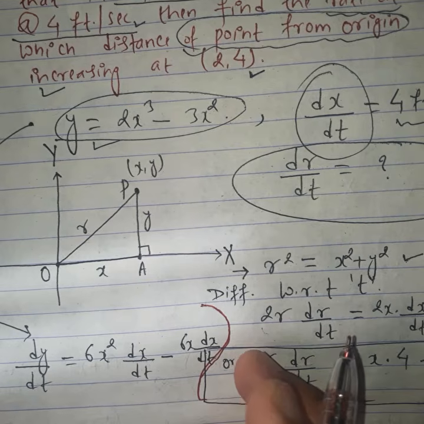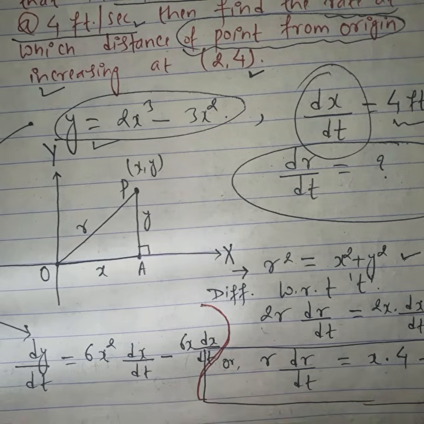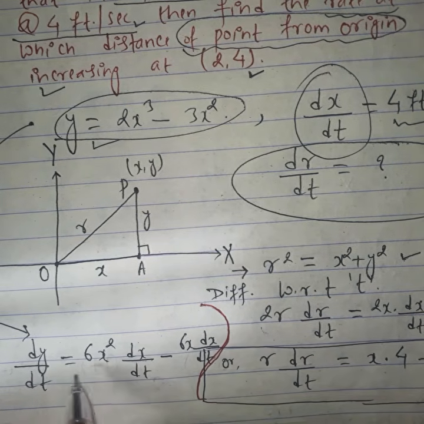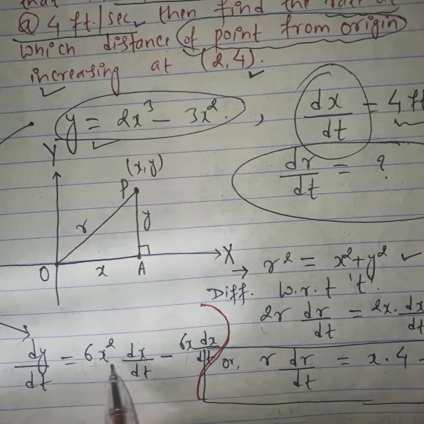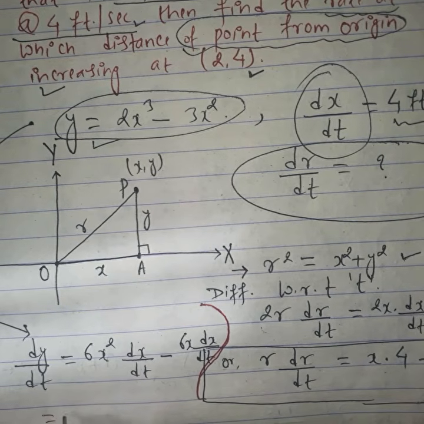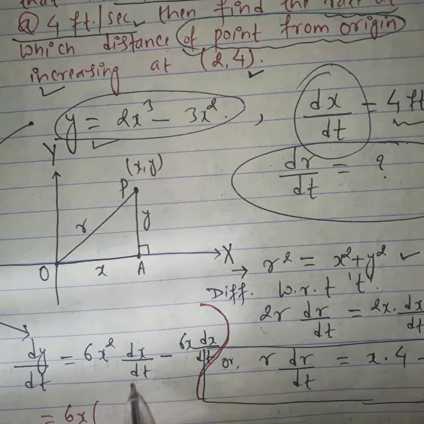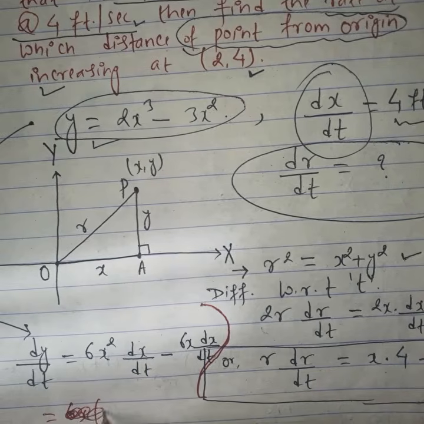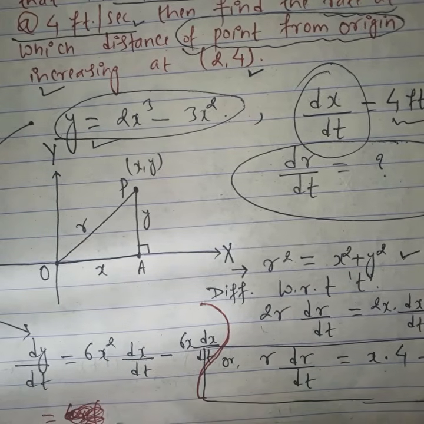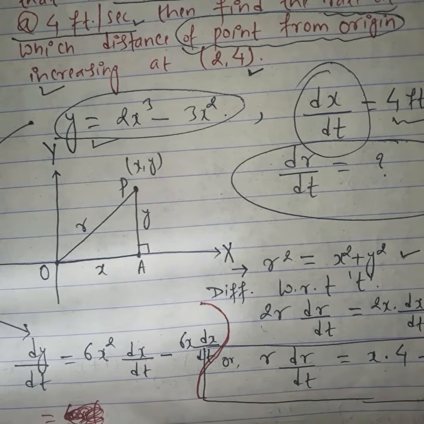Let's simplify this expression further. Here the value of dy over dt is obtained: 6x square. We can take 6x as common, and dx over dt is also common. Let's simplify this.